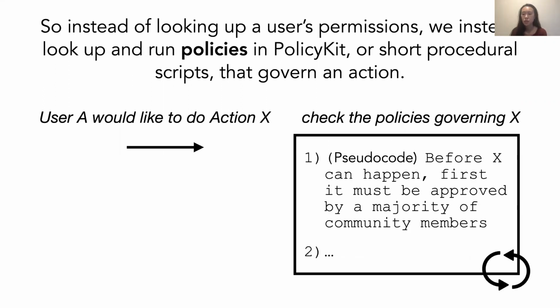Policies are short scripts written in code describing the procedure for carrying out an action. In this case, this policy says that for this particular action to happen, it first must be approved by a majority of community members. This is a script that's continually running and checking against any actions that come in. If the policy then returns that that action can run, that is, a majority of community members have approved the action, then the action will actually be carried out.